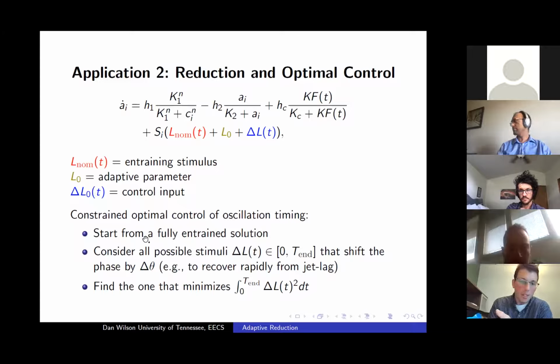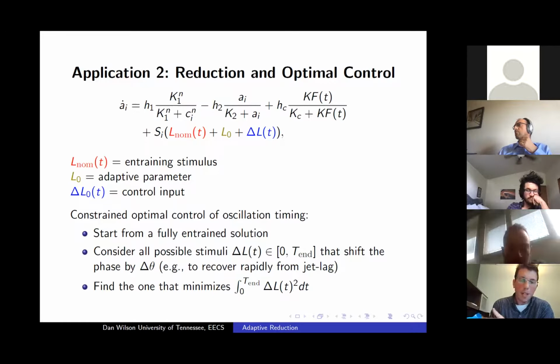Then we're going to consider all possible stimuli that shift the phase appropriately in response to a change in the rapid travel across multiple time zones, for instance, to simulate jet lag, and try to find the one that minimizes the L2 norm of the effective energy. So this delta L squared, find the one that minimizes the control effort.